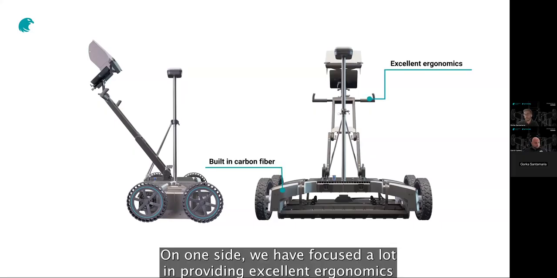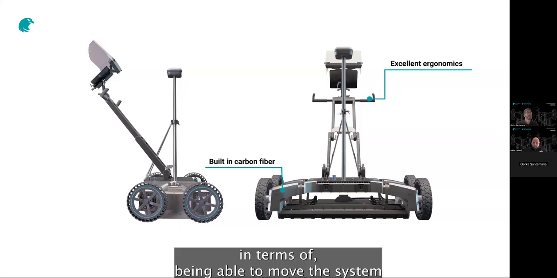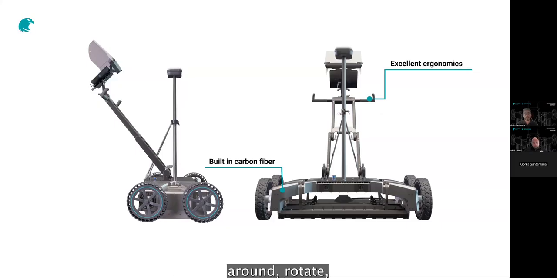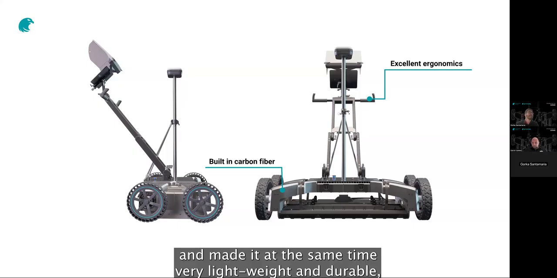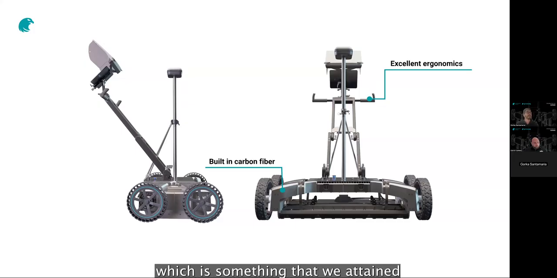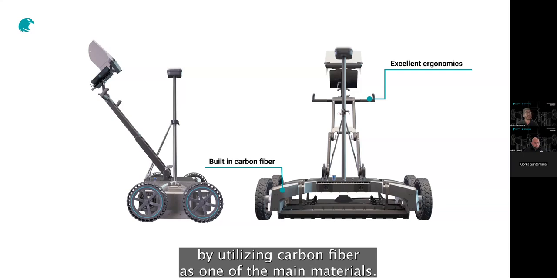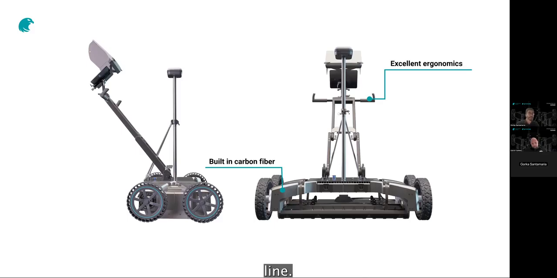On one side, we have focused a lot on providing excellent ergonomics in terms of being able to move the system around, rotate, bend, fold and transport it, and made it at the same time very lightweight and durable, which is something that we attain by utilizing carbon fiber as one of the main materials. And this is pretty unique for this kind of product line.